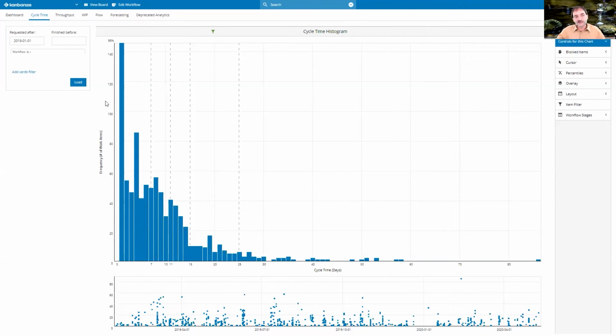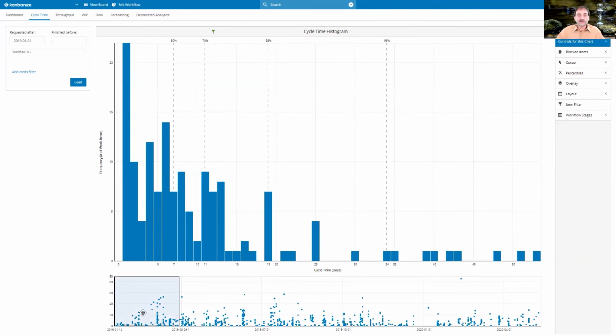And we can clearly see there is about 16% that was done in 1 day or less. There is about 38% that were completed in 4 days or less. And you can again see the 50th, the 75th, the 85th, and the 95th percentile. And we will often see a long tail. Those are the outliers, and we need to look at where those are and how to manage them.